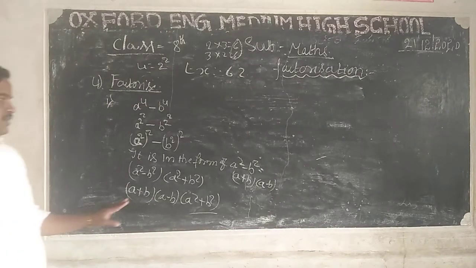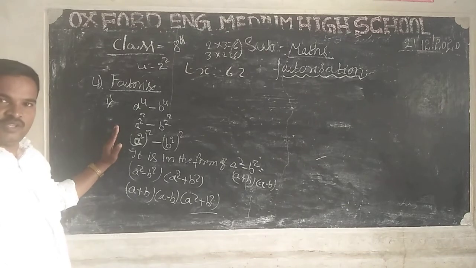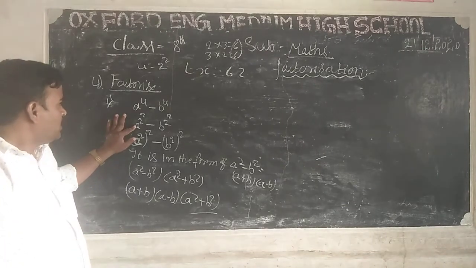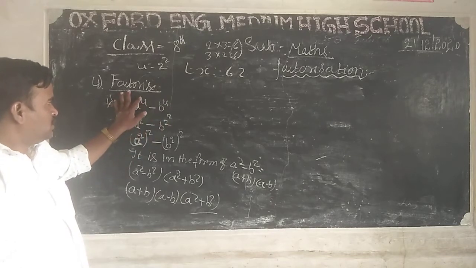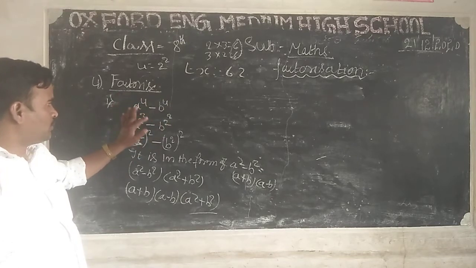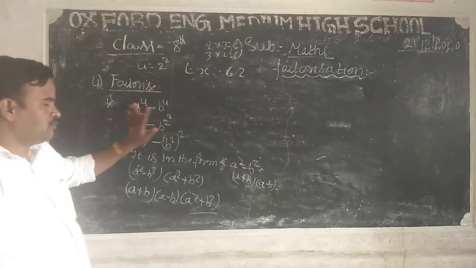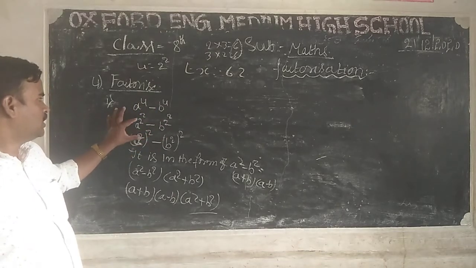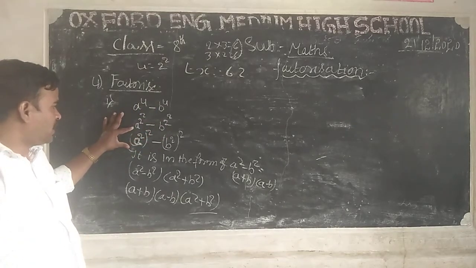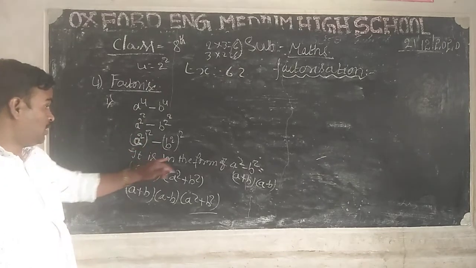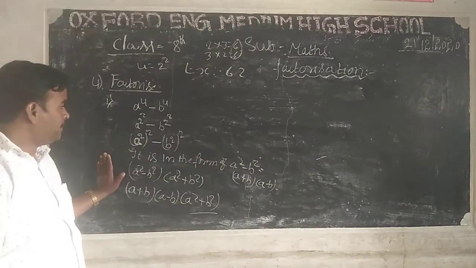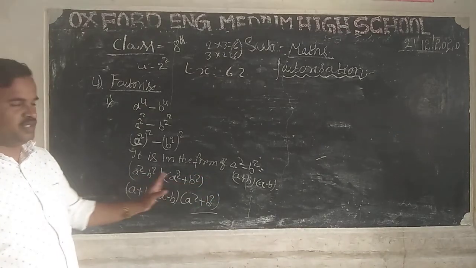Understand, dear students? Once again, listen carefully. A to the power of 4 minus b to the power of 4: instead of 4 we can write 2 to the power of 2, and here also 2 to the power of 2. It means we rearrange as a square whole square minus b square whole square. This is in the form of a square minus b square, whose answer is a plus b into a minus b.